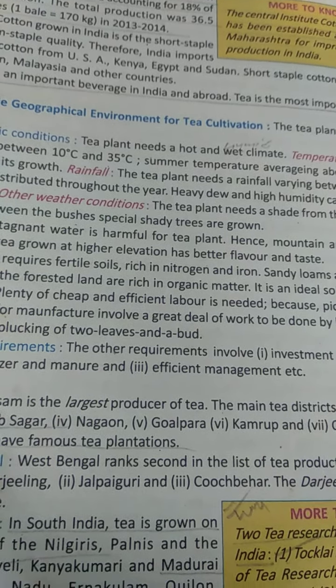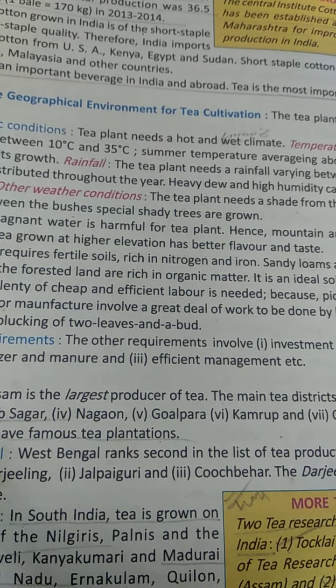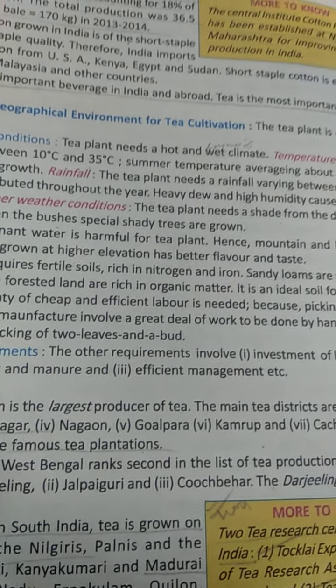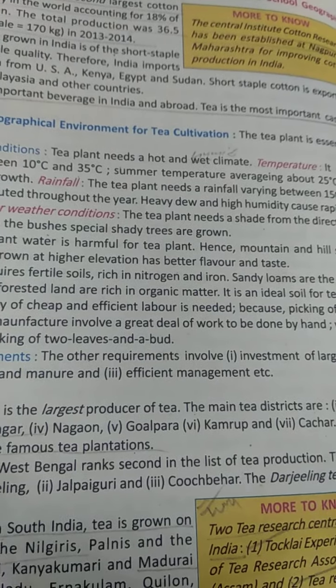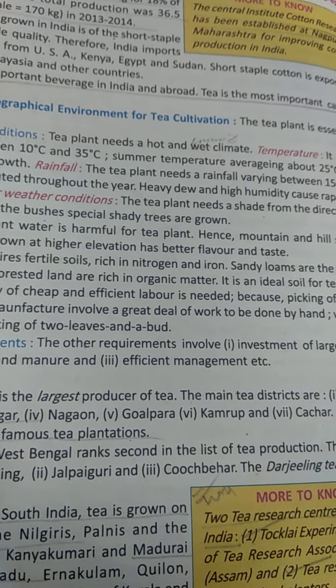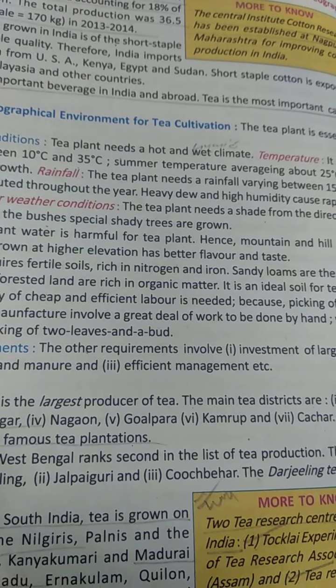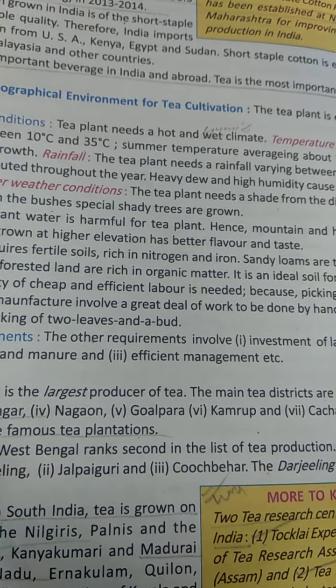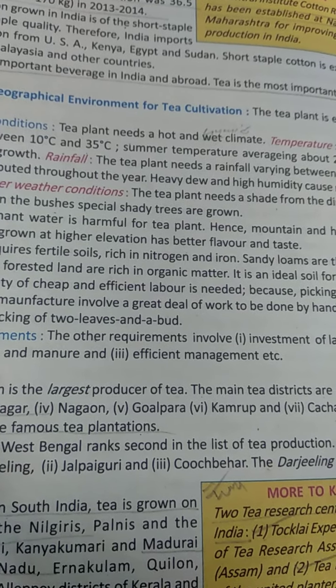Labor, a good amount of labor is required, so cheap labor is very much needed for the picking of the leaves and preparing them for manufacturing also, as most of the work is done by hand. Here, women play the important role in plucking the two leaves and a bud.